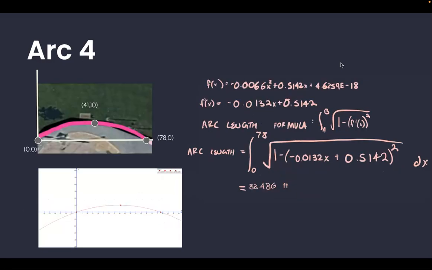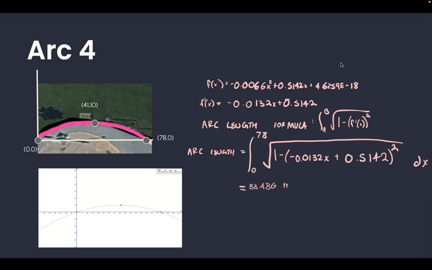For Arc 4, which was my last arc, I found the maximum, which was at (0.41, 10). Then I found my endpoint, which was at (78, 0). Using this information, I found that f prime of x was minus 0.0132x plus 0.5142.